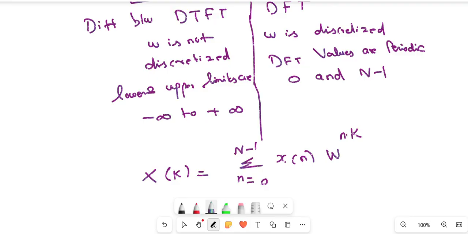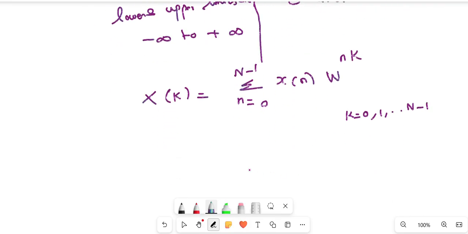This is the DFT expression, where k is equal to 0, 1, 2 up to n minus 1.